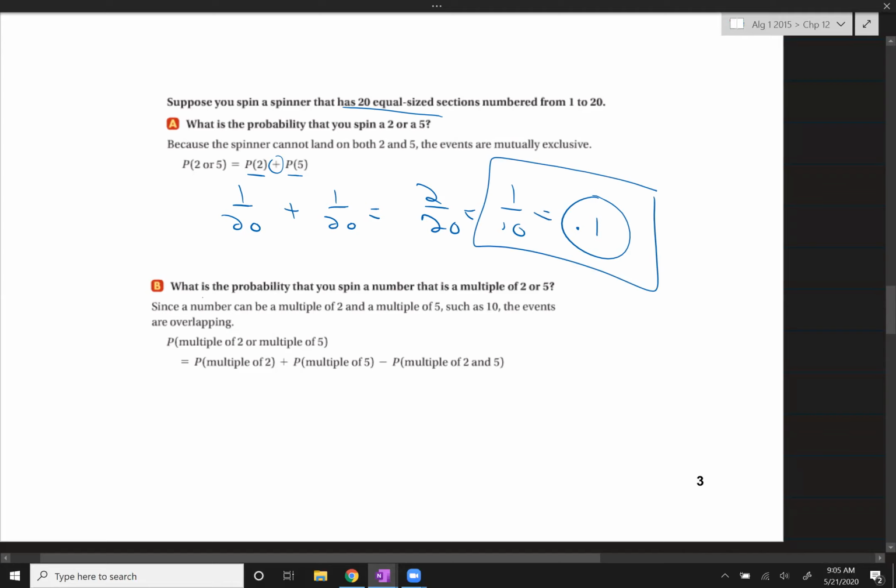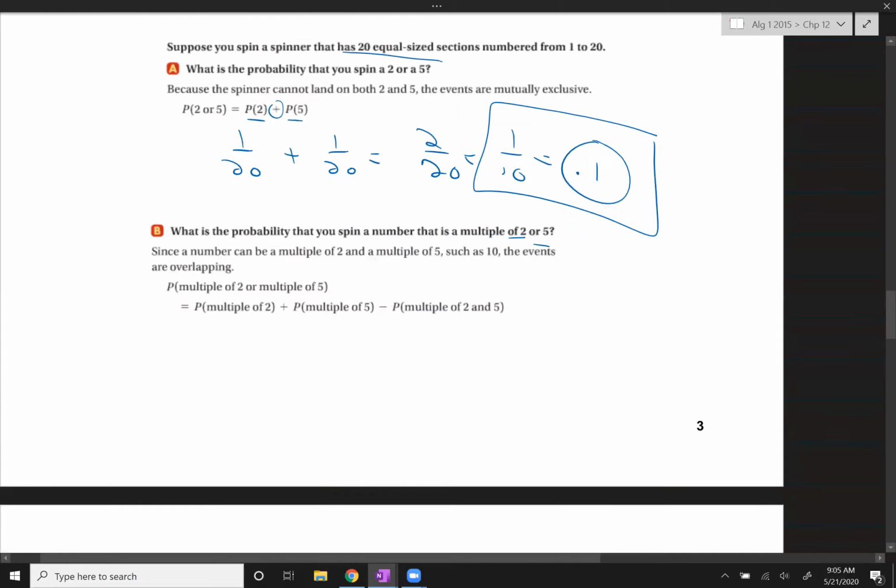All right, let's take a look at the next one. What's the probability you spin a multiple of 2 or 5? Multiples. So a multiple of 2 or a multiple of 5, and then we have to check and see if we have any overlapping items. Multiples of 2: 2, 4, 6, 8, 10, 12, 14, 16, 18, 20.